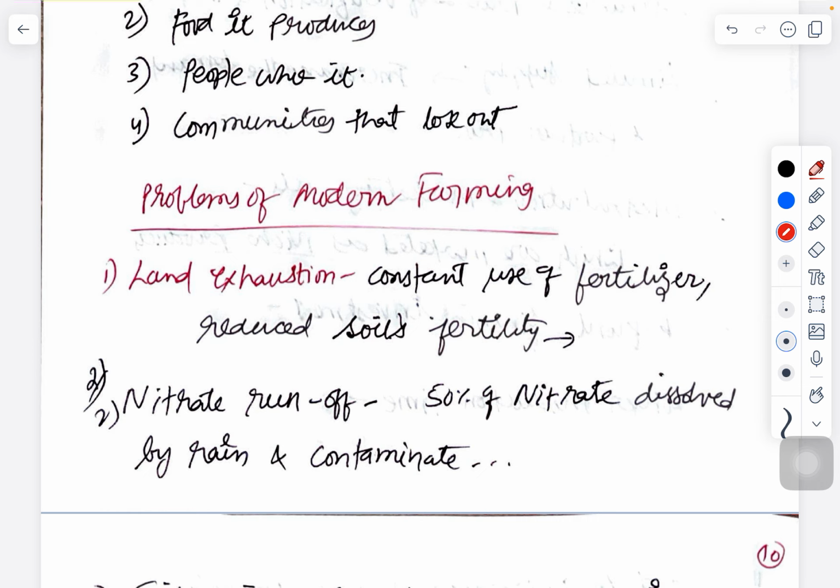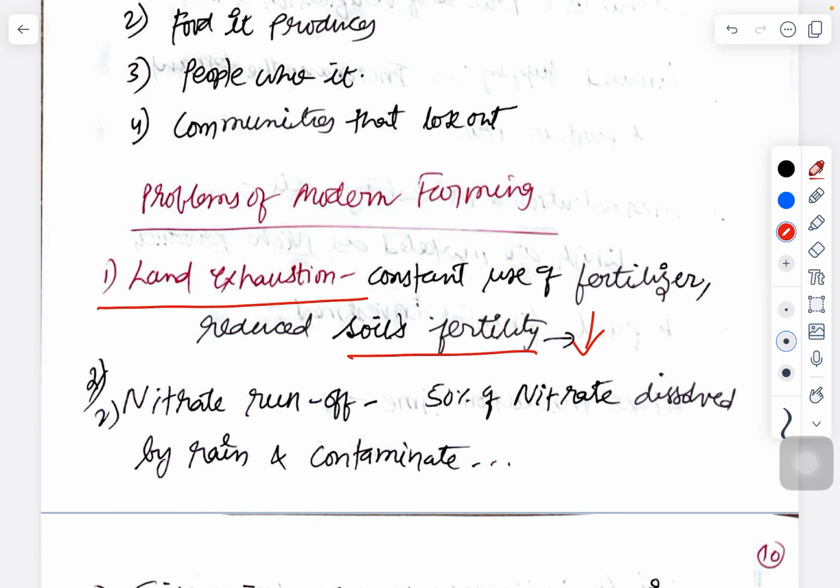For example, we can just say that the fertility of the soil reduces in modern agriculture with the use of more chemical fertilizers. Instead, you can also say land exhaustion: constant use of fertilizers over the years will definitely reduce the soil fertility, right?